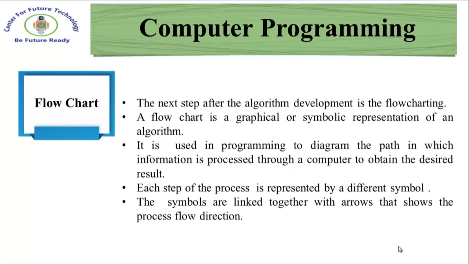Each step of the process is represented by a different symbol. The symbols are linked together with arrows that show the process flow direction. It's a finite list of instructions used to perform a task.